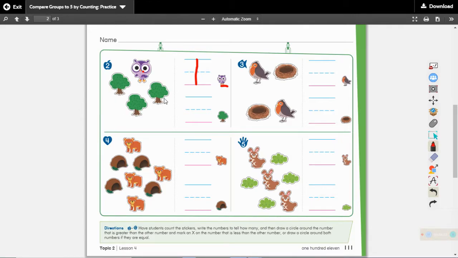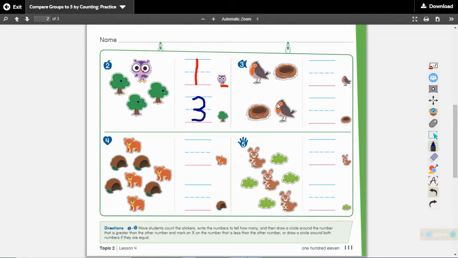Now, let's count the number of trees. Ready? 1, 2, 3. How many trees do we have? We have 3 trees. Around the tree and around the tree.